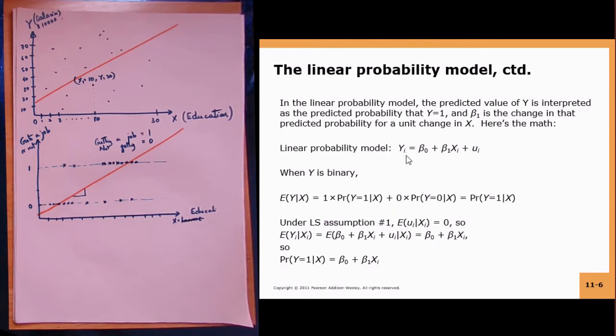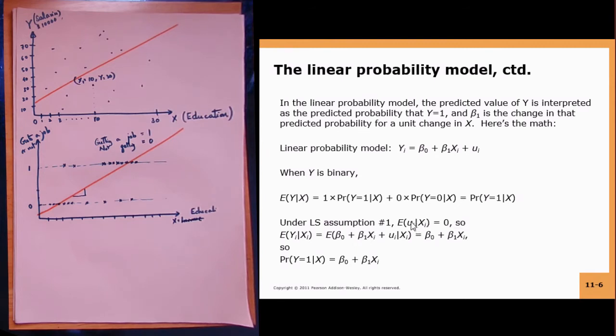So instead of your familiar y_i equals beta 0 plus beta 1 x_i plus u_i, here on your left hand side you have the probability that y will be equal to 1 given x. Now what will happen on the right hand side? The expected value of u_i, and if you are using least squares assumption number 1, then the expected value of u_i given x_i is equal to 0, right?